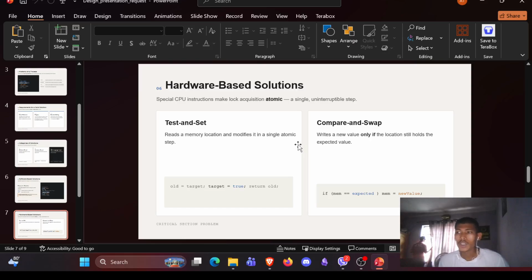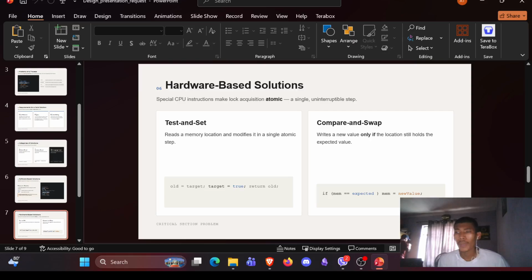Hardware-based solutions. Special CPU instructions make lock operations atomic, single uninterruptible steps. There is test and set. Test and set reads a memory location and sets it to true in one step, returning the old value.